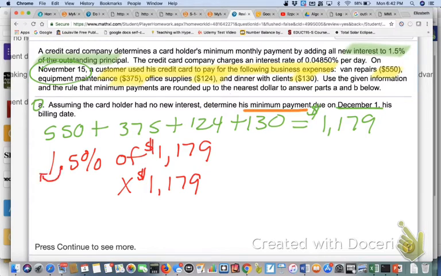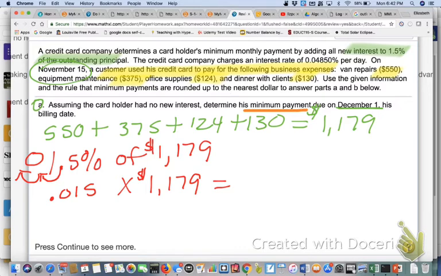If I move it over once, I still have to move it a second time, and because I don't have another digit there, I'm going to place a 0 in front. So we're actually going to multiply 0.015 times $1,179.